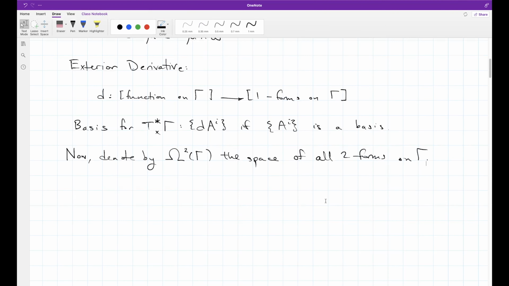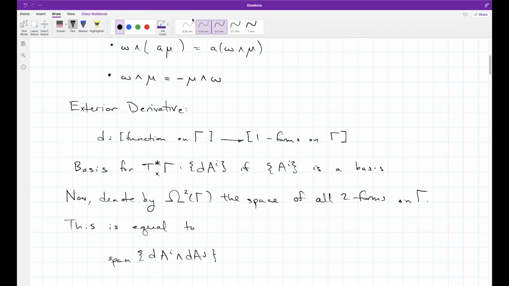And I'm going to state without proof that this is just equal to the span of dA_i wedge dA_j. But let's note that the antisymmetry actually has an important consequence.